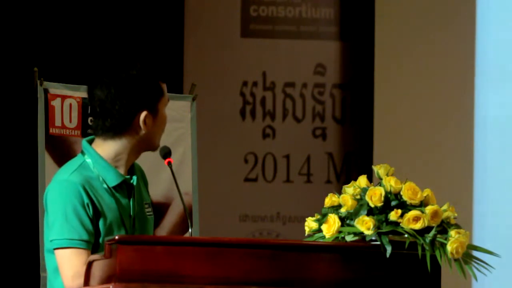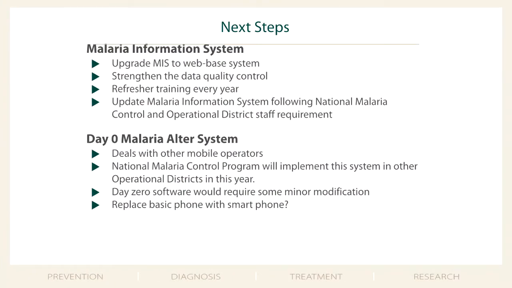Our system is still updated every year, because when they use it more, there are more requirements, changes and adjustments. And for this role, we will deal with another mobile operator, another company, and the National Malaria Control Program is implementing this year to expand across the country.